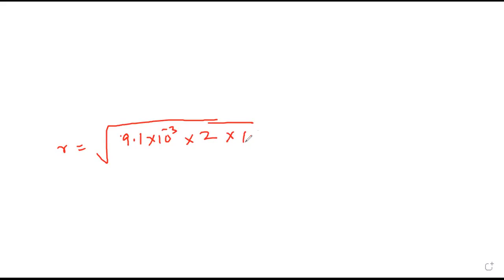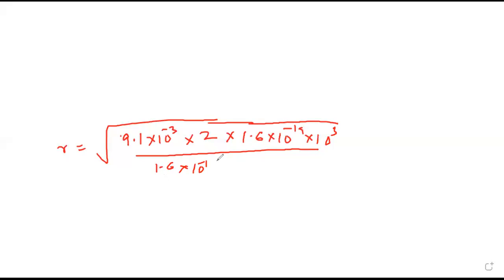Was it 1 kilovolt or 2 kilovolt? 1 kilovolt, it was 1 only. So 1.6 into 10 raised to minus 3 into 10 raised to 3, upon e square. e square means 1.6 into 10 raised to minus 19, 1.6 into 10 raised to minus 19.